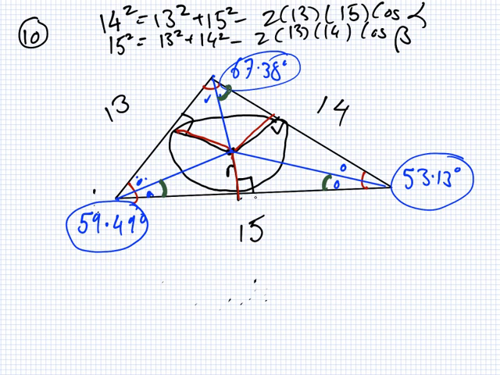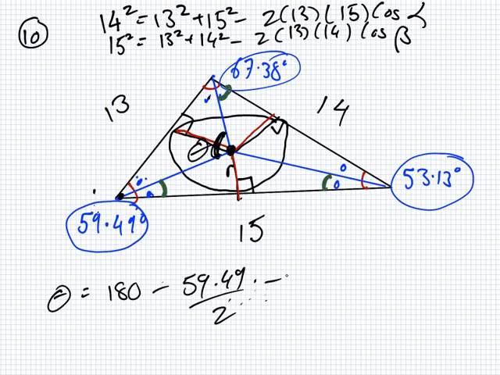What else can I know here? Can I know this distance? Yes, actually. I can know this distance from the sine rule. I know this angle. Yes, I need this angle. That's what I need. Let's call this theta. Theta equals 180 minus 59.49 over 2 minus 67.38 over 2.